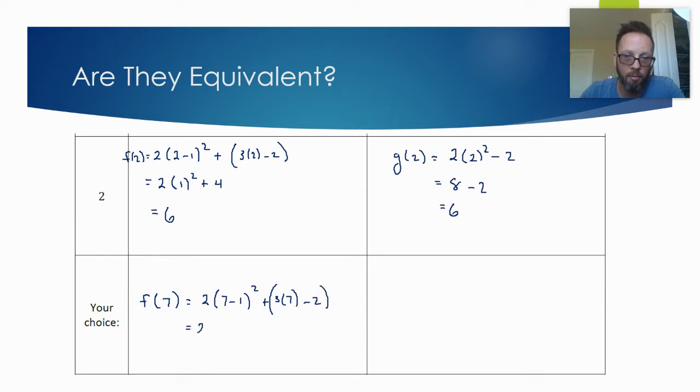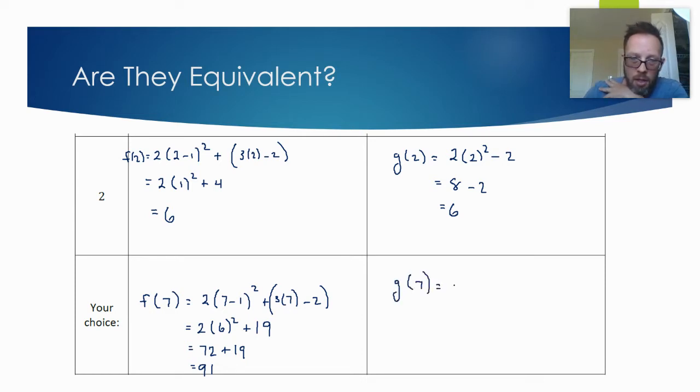That's 2 times 6 squared, 21 minus 2 is 19. That's 72 plus 19, so that's 91. So do we get 91 with the other one? g at 7 is 2 times 7 squared minus 2.